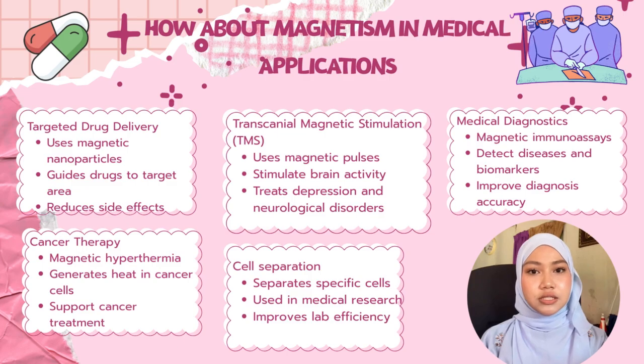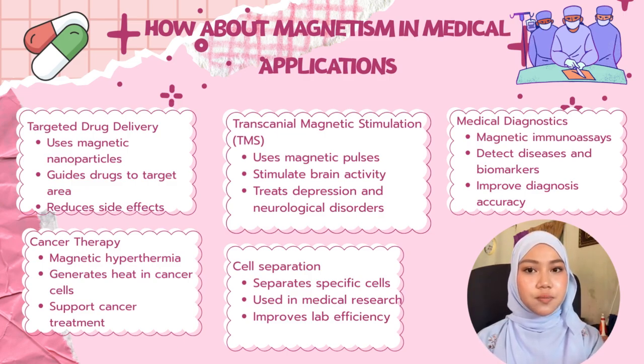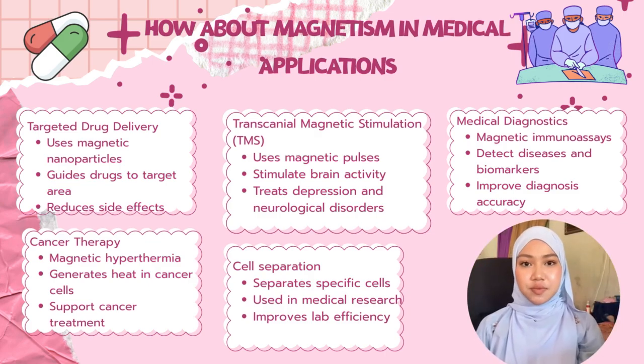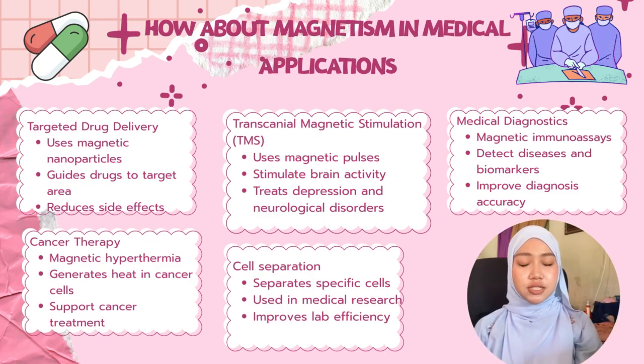Another application is transcranial magnetic stimulation, or TMS. This technique uses magnetic pulses to stimulate certain areas of the brain. It is commonly used to treat depression and some neurological disorders without surgery. Magnetism is also used in medical diagnostics such as magnetic immunoassay.